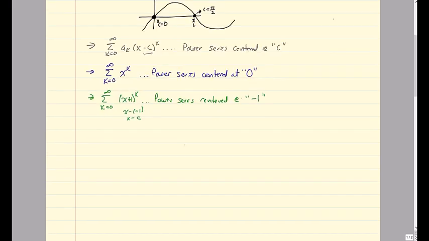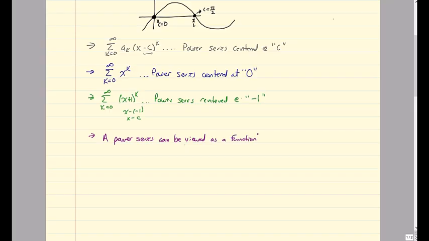A few important characteristics. A power series can be viewed as a function, so it passes the vertical line test.